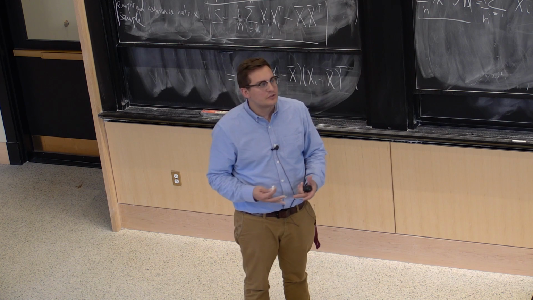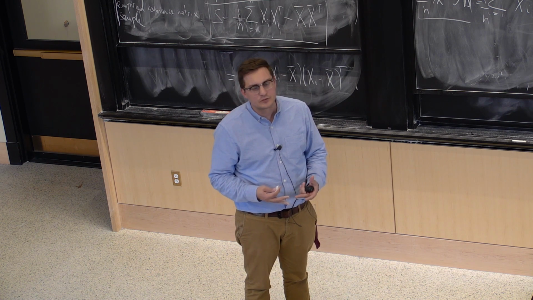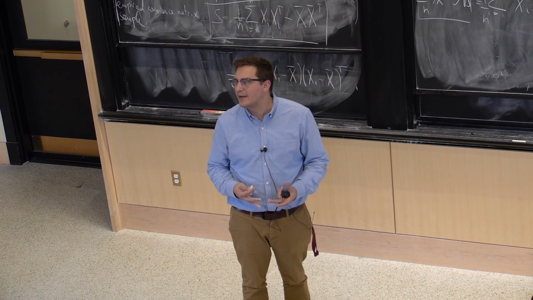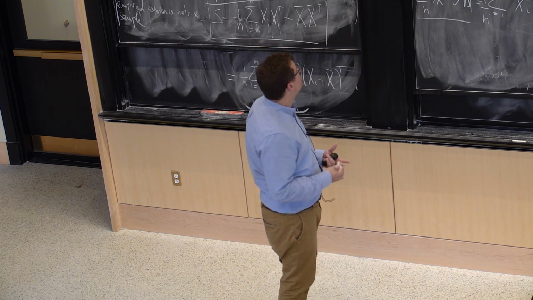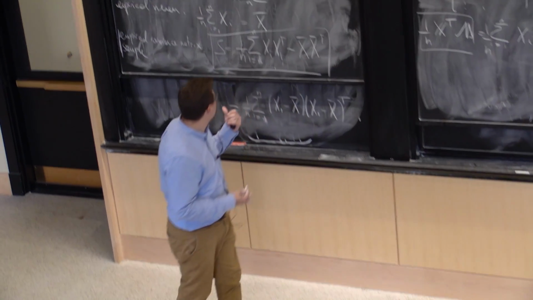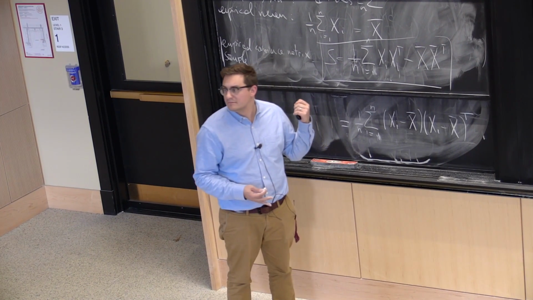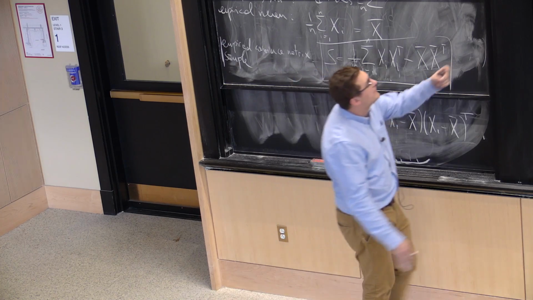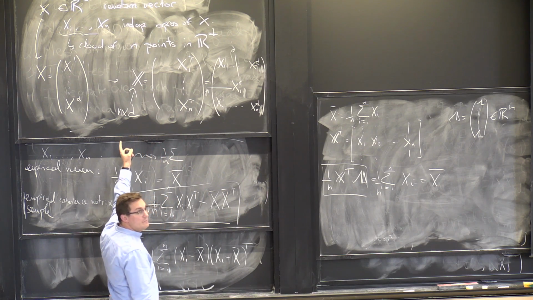And the question is, is it going to be multiplying x with x transpose or x transpose with x? To answer this question, you can go the easy route, which says, well, my covariance matrix is of size what? What is the size of S? d by d, okay?